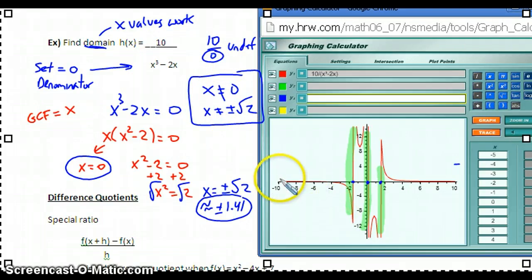We can see that every other x value works: all of these negative x values work up until -1.4, then between -1.4 and 0, between 0 and 1.4, and everything greater than 1.4 is working as well. Looking at the graph is helpful, but we have to do the algebra to find these exact values of the square root of 2 and the negative square root of 2.